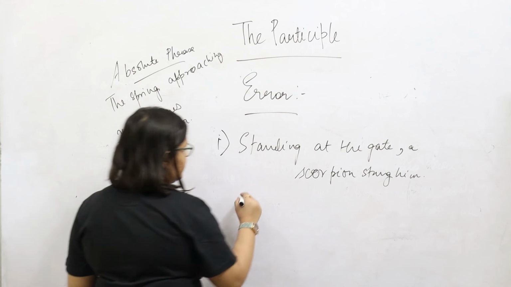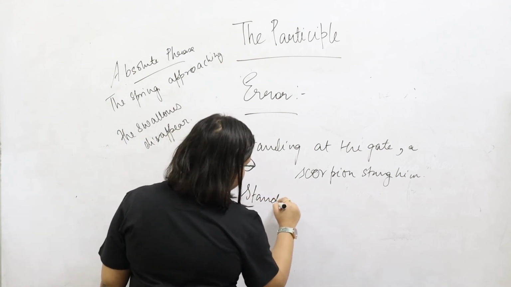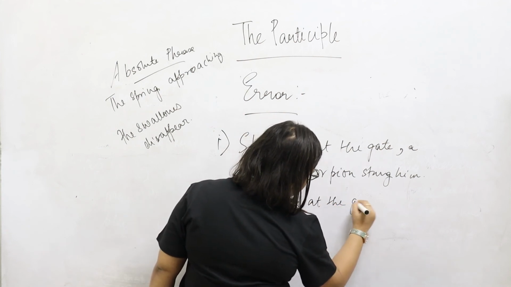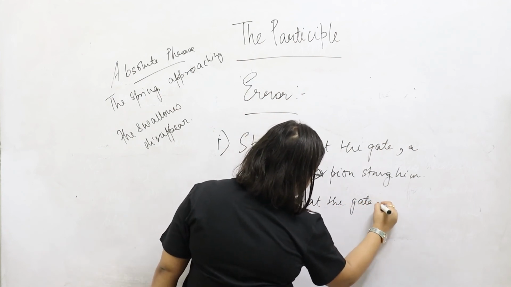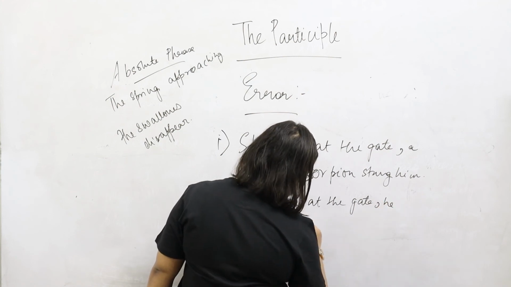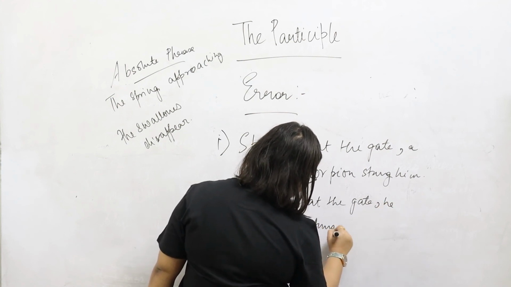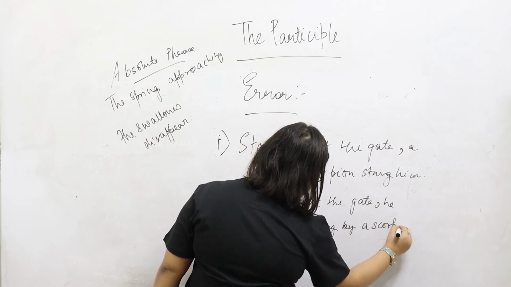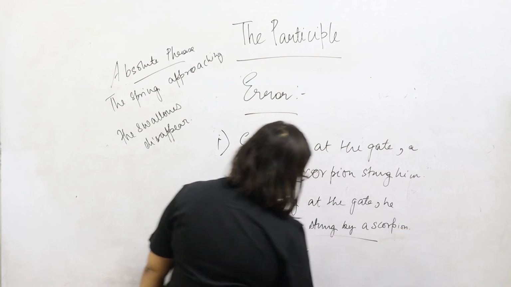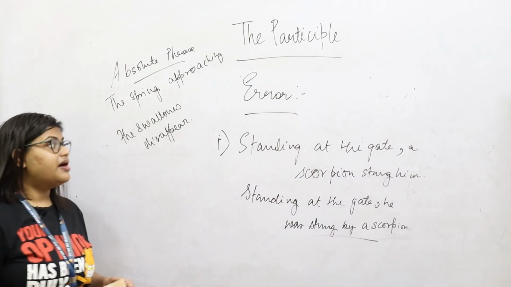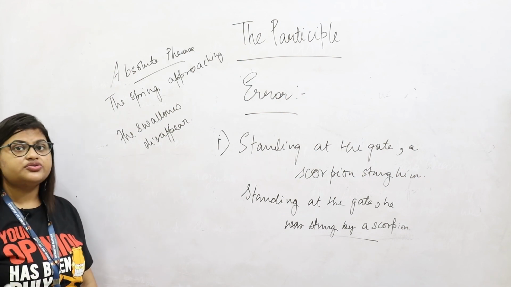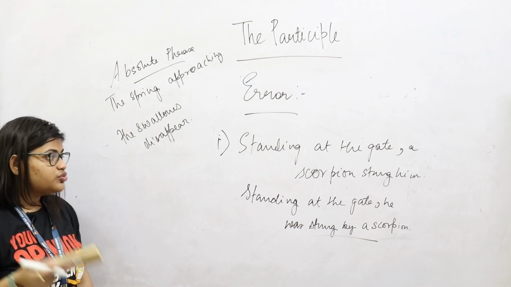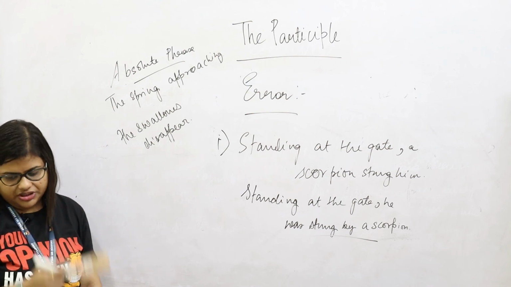Or we should say, standing at the gate, he was stung by a scorpion. So this is a proper use of a participle. It is not that because he was standing at the gate, a scorpion went and stung him. It is like standing at the gate, he was stung by a scorpion.